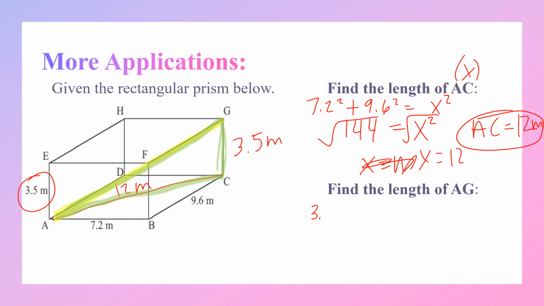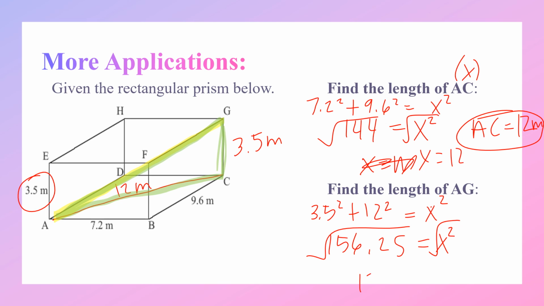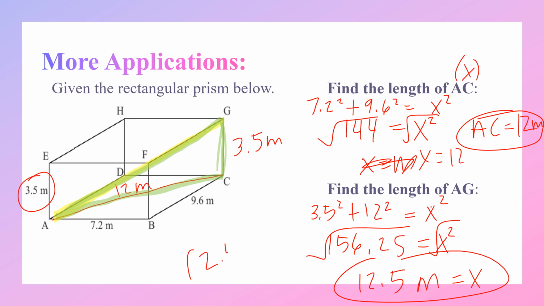So we can do 3.5 meters squared plus 12 squared equals x squared. 3.5 squared plus 12 squared is 156.25. And then I would want to take the square root of both sides, which would be 12.5 meters. So AG equals 12.5 meters.